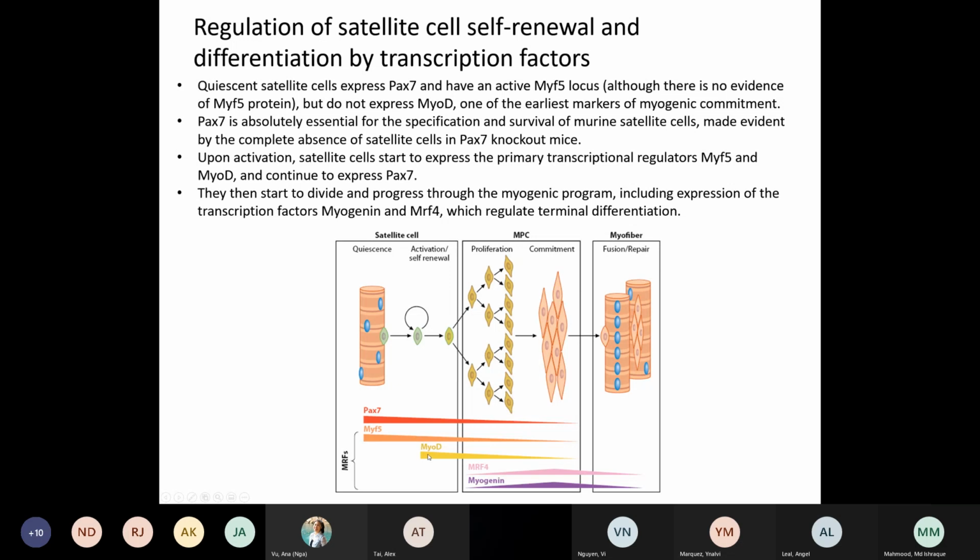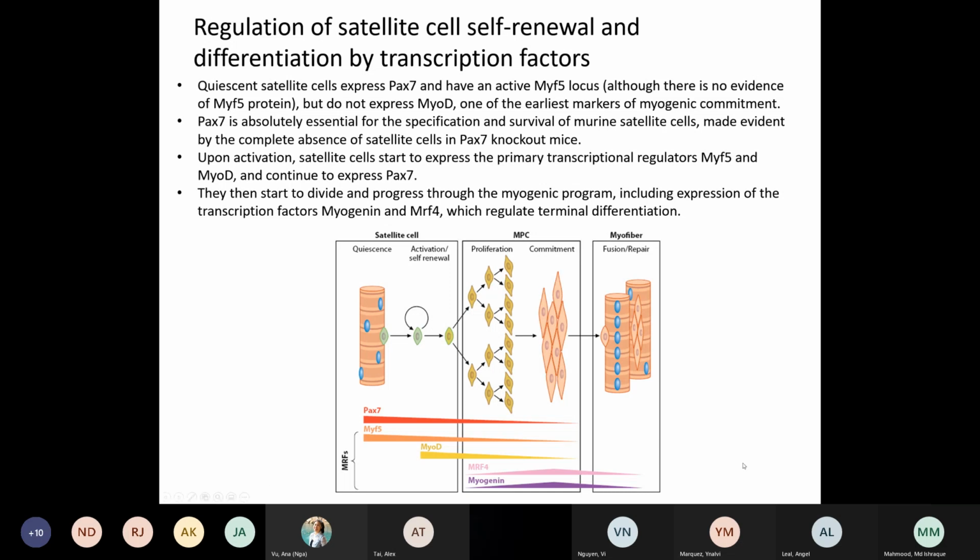And then another transcription factor, MyoD, will be expressed. I hope you still remember when we discussed pluripotent stem cell reprogramming, we had MyoD as the major discovery by Weintraub. Weintraub showed that MyoD is differentially expressed between muscle cells and fibroblasts. So he put MyoD into fibroblasts and converted fibroblasts toward muscle cells.